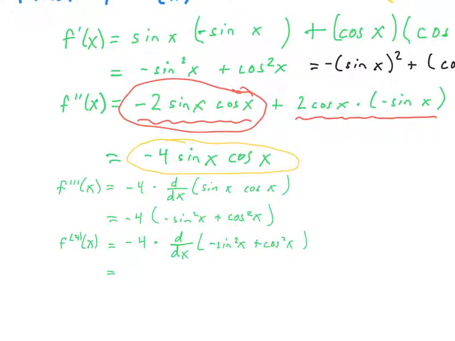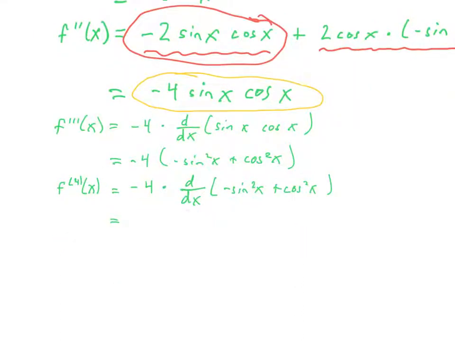And so that means we're going to get negative 4 times that value right there. Or in other words, we're going to get 16 times sine x cosine x.